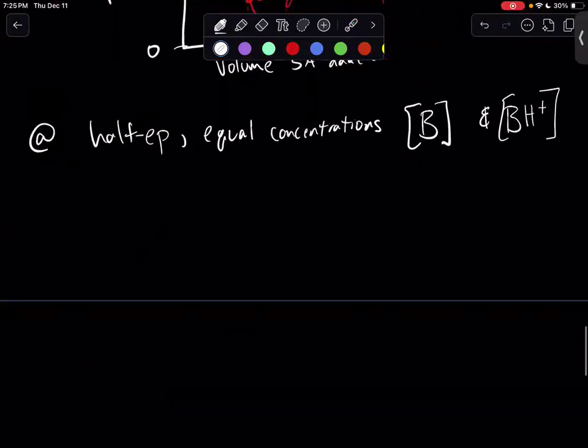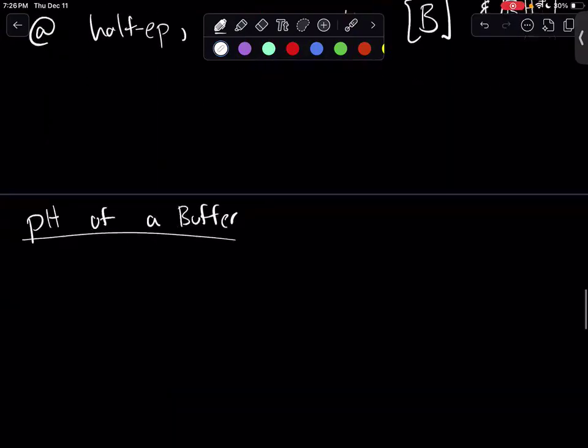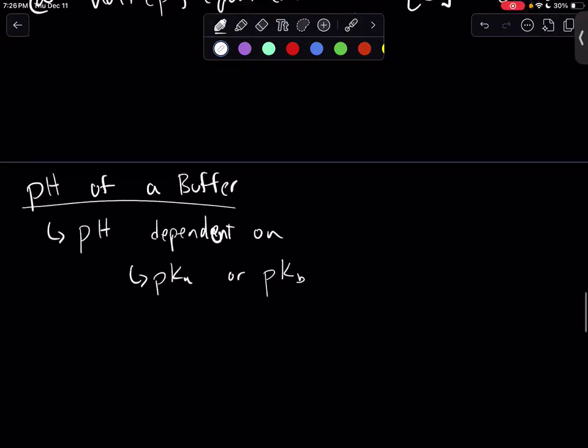Now, in addition to this, how do we actually find the pH of a buffer? There's one main way to do it that we'll work on, but we first have to know what it's dependent on. And we know, as we read at the beginning, that the pH is dependent on two things: the pKa or pKb of that given acid or base, which also means the Ka or Kb.